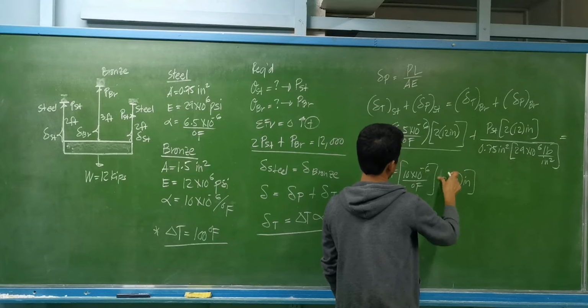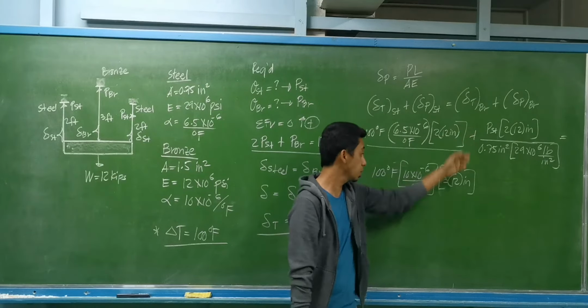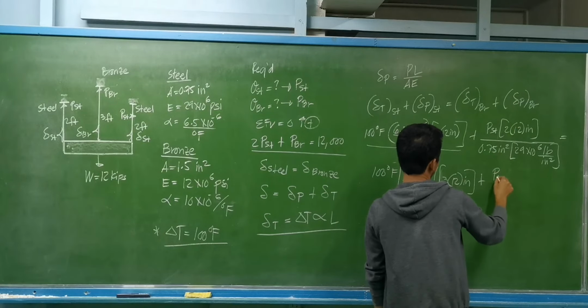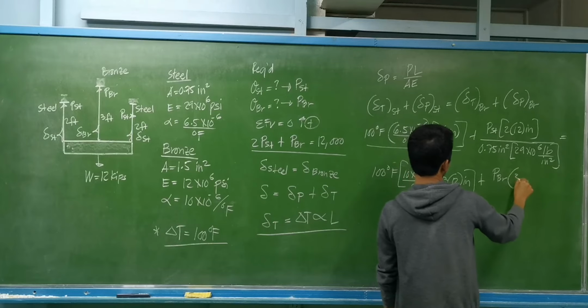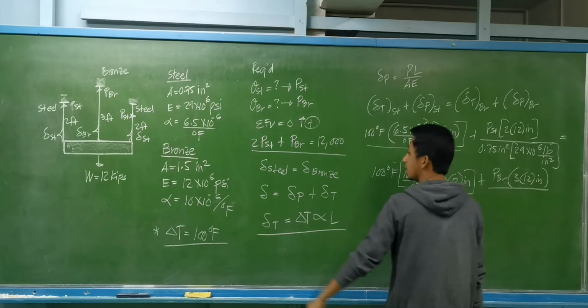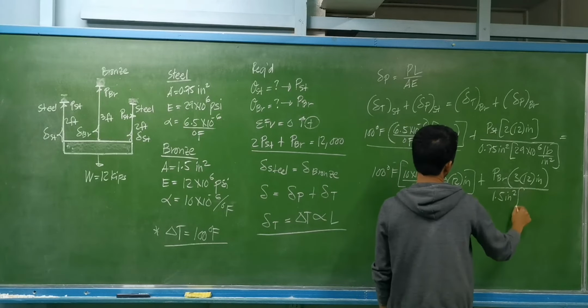This is the deformation due to change in temperature for the bronze. Then plus, due to load, this is the load to be carried by the bronze multiplied by the length, multiplying by 12 to be in inches, divided by the cross-sectional area, which is 1.5 square inches.